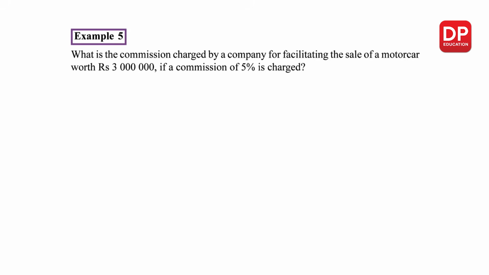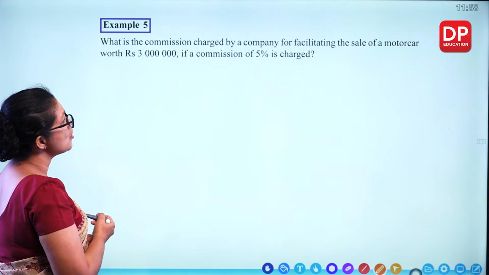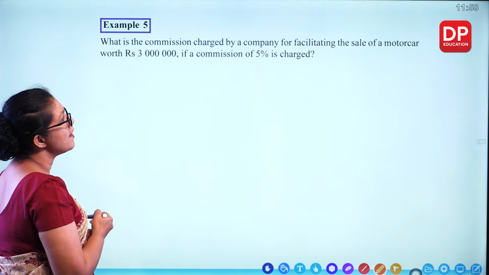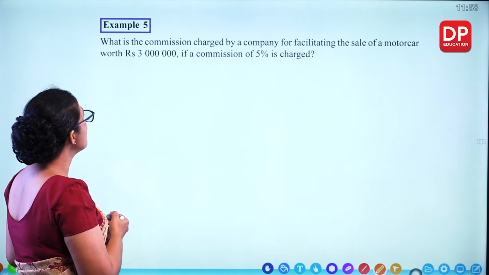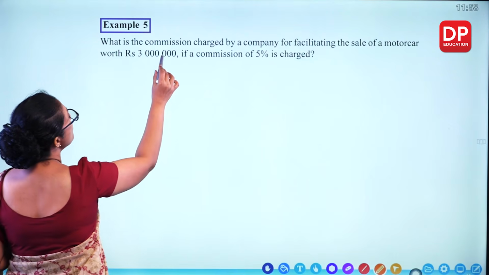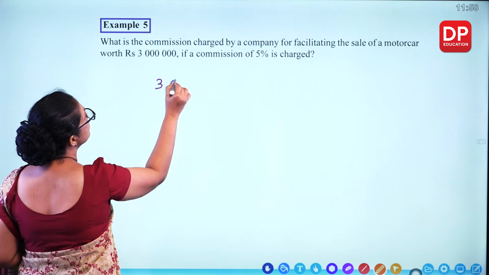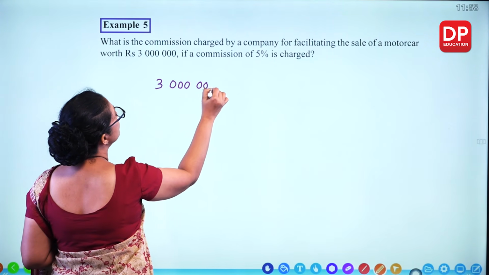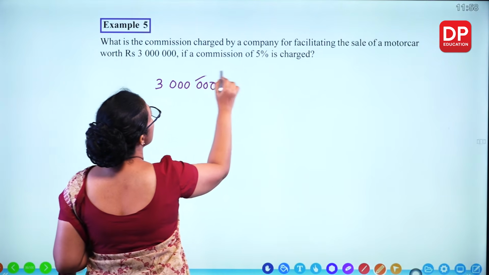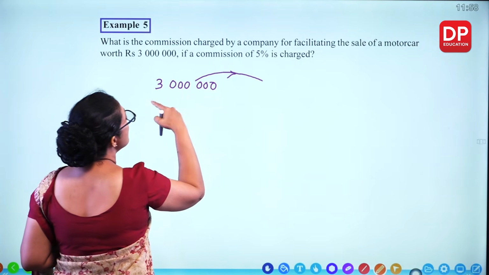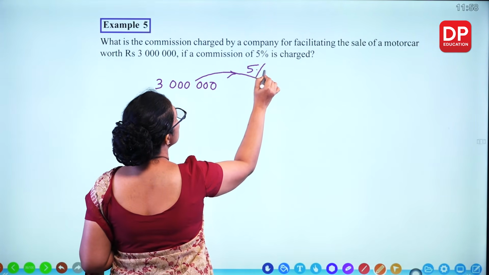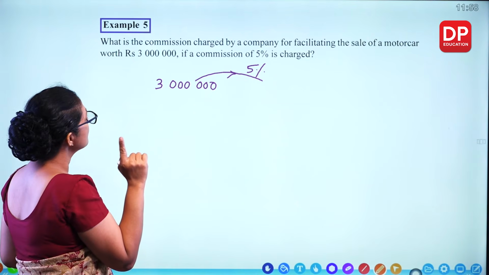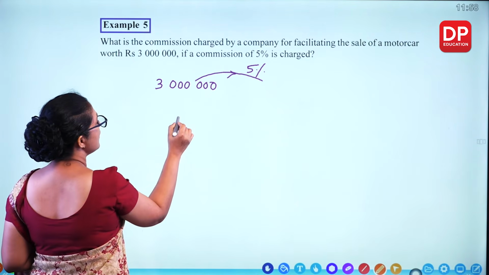Example number 5. What is the commission charged by a company for facilitating the sale of a motor car worth 3 million? Commission is 5%. So what's the commission value?